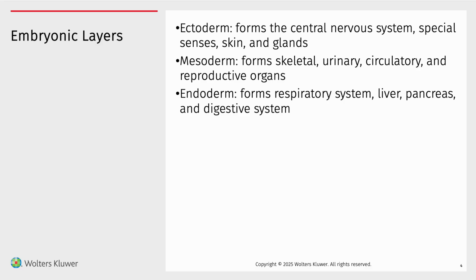Endoderm forms the respiratory tract, liver and pancreas, digestive system, the lining of the stomach and intestines. And the nursing relevance here is that the endodermal layer gives rise to the structures involved in digestion and breathing.